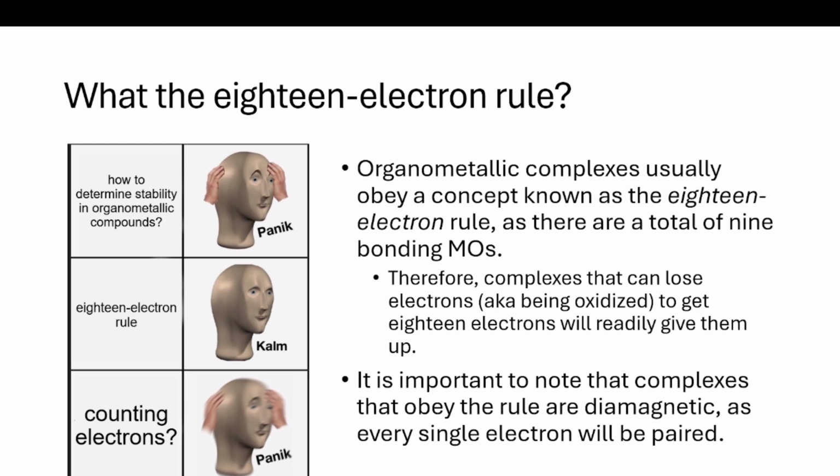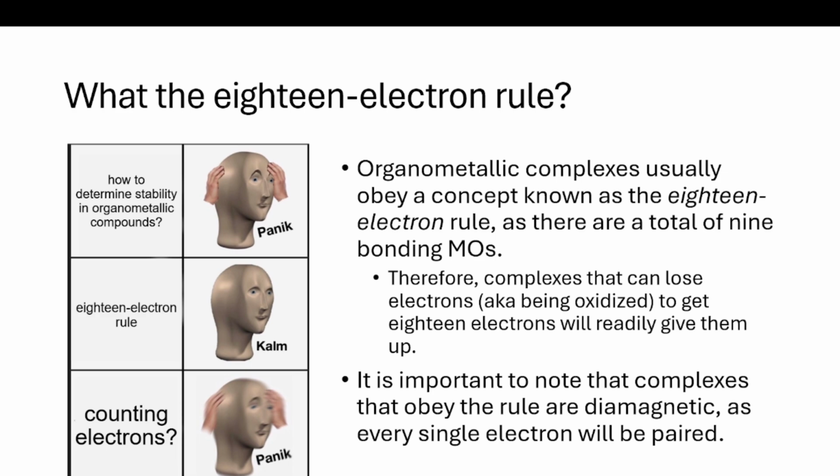Now, going on, organometallic complexes generally follow a rule known as the 18 electron rule, which essentially dictates how stable those complexes are going to be. And it turns out, if we have complexes that can lose electrons to have those 18 electrons, then of course they'll readily give them up.